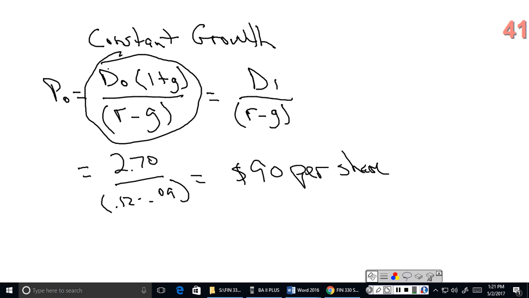Okay, so it's all in reading the question and determining, has the dividend just been paid or is it going to be paid in the next time period? That's the key to this. So any questions about this? Everybody following? Because you're going to see at least one or two or three of these. All right.